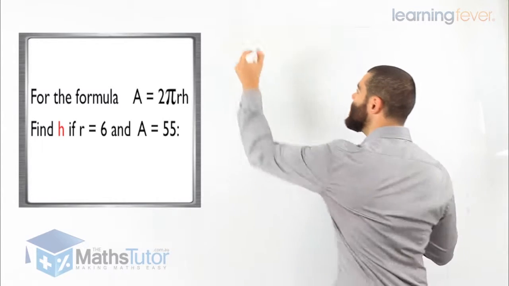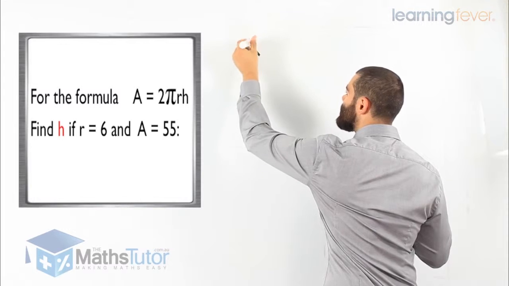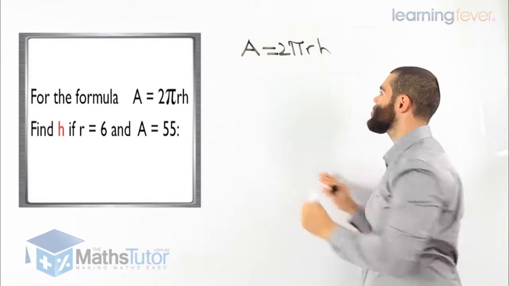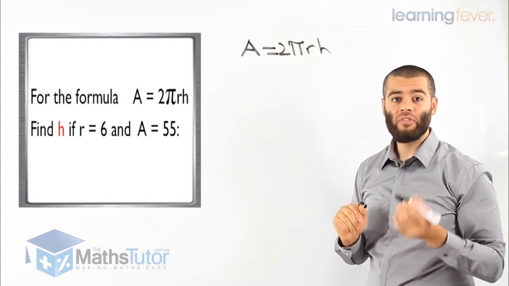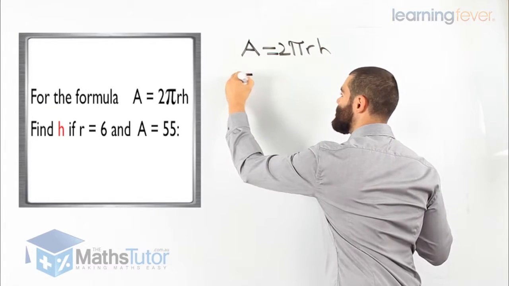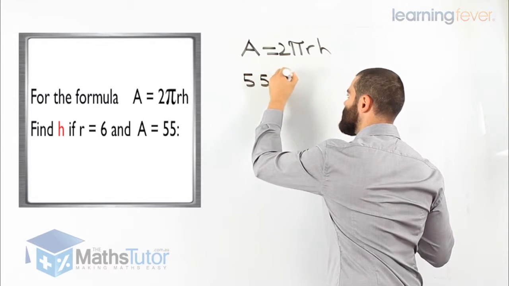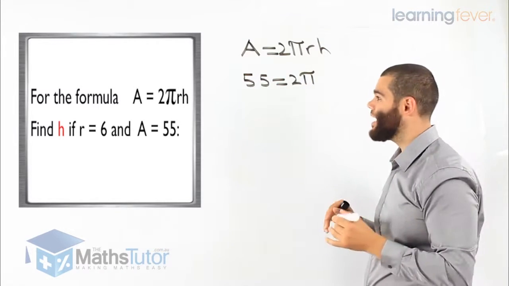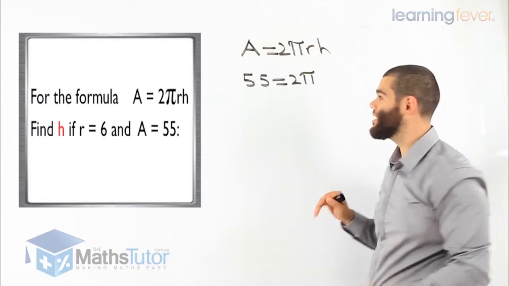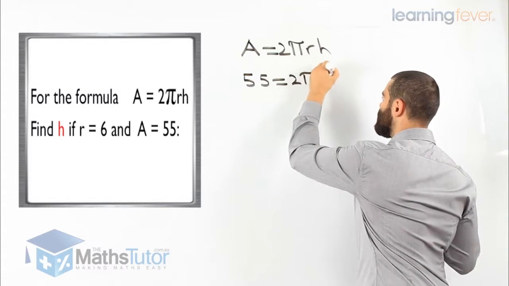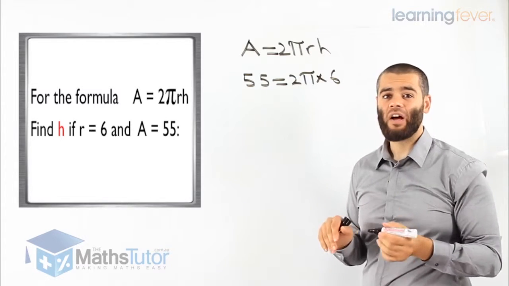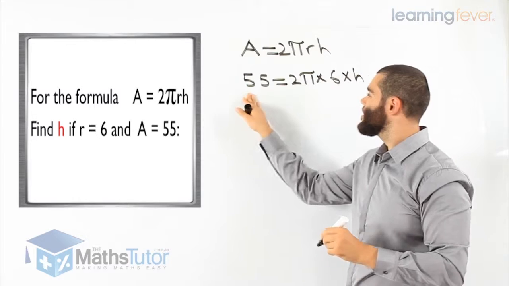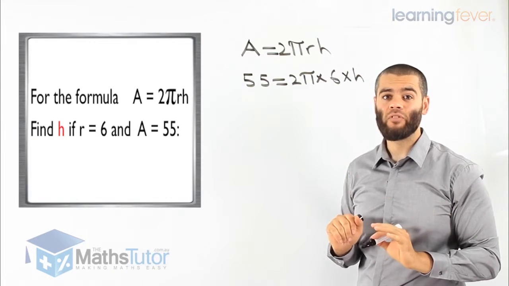So we have our formula, A equals 2 pi r H. A is 55, 2 pi, which is 2 times pi, times r. We are told r, which is the radius, is 6. And we are asked to find H. There is our formula. We have substituted all the information.